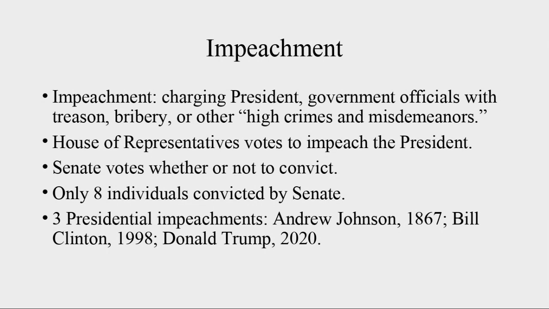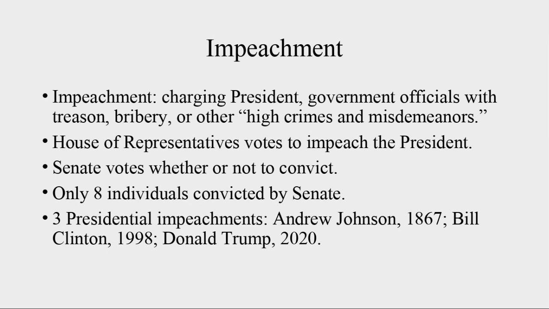If the House votes to impeach, it then goes to the Senate. And the Senate acts as the trial jury. They have to vote on whether or not to convict an official. It does take a 2/3 majority of the senators to convict. So it's not a straight majority vote.